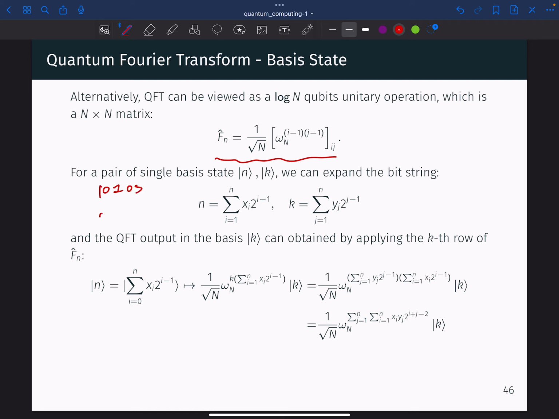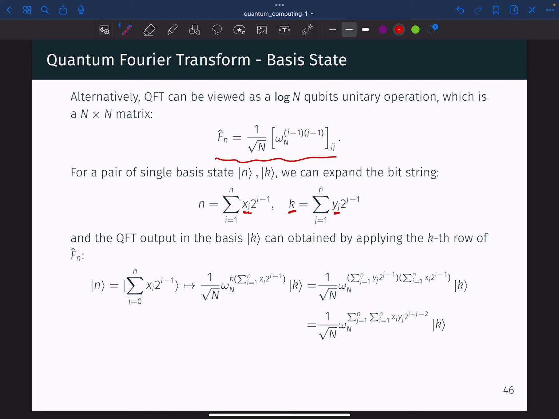So basically this is 0 times 2 to the power of 0, plus 1 times 2 to the power of 1, plus 0 times 2 to the power of 2. So basically this xi is the binary expansion of n, and this yj is the binary expansion of k.